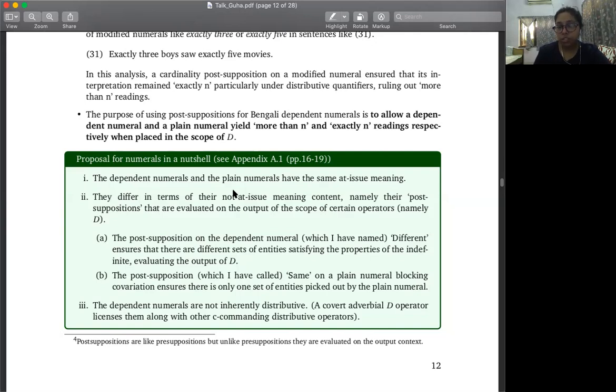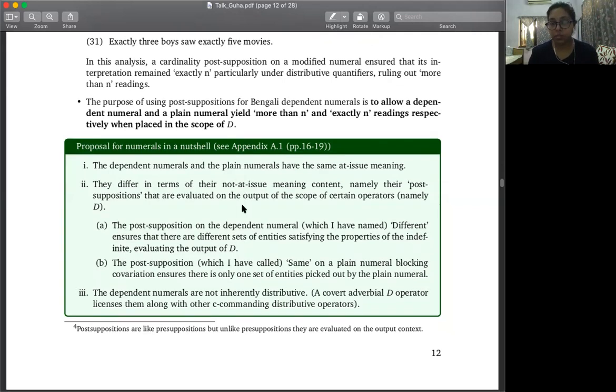The post supposition on the dependent numeral, which I've named different, ensures that there are different sets of entities satisfying the properties of the indefinite, evaluating the output of D. The post supposition, which I've called same, on the plain numeral, blocking the covariation, ensures that only one set of entities is picked out by the plain numeral.